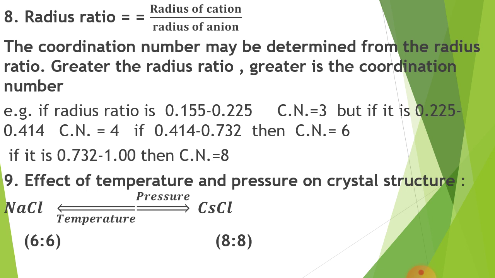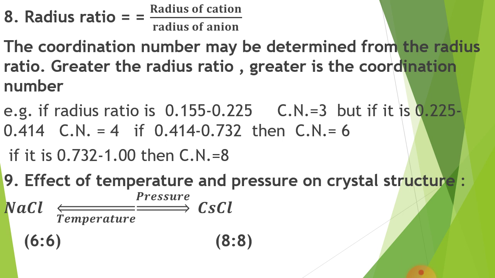By knowing this ratio, we can find the coordination number. That is, the coordination number may be determined from the radius ratio. Greater the radius ratio, greater is the coordination number. Some examples are given here.